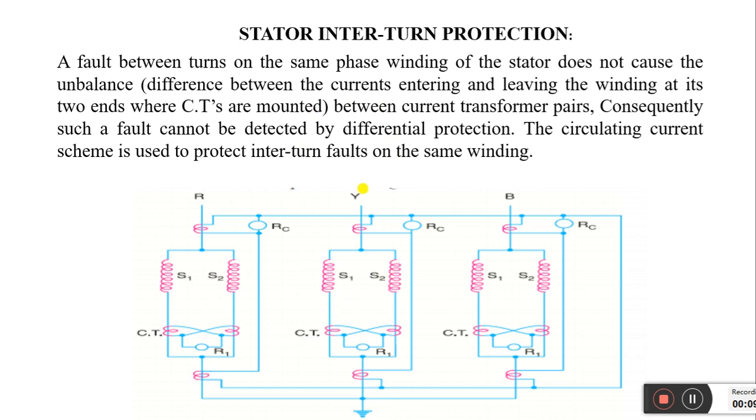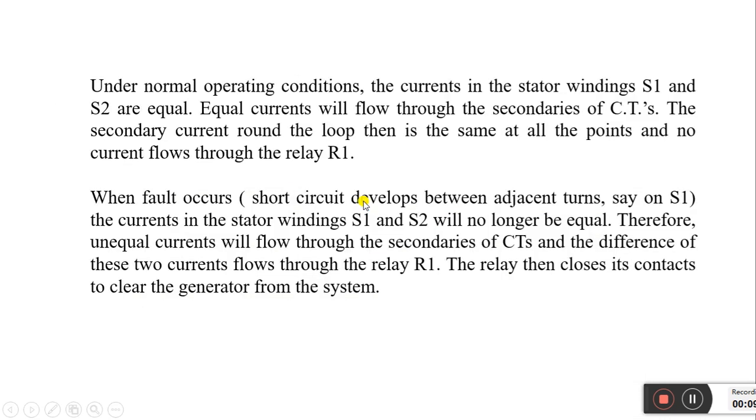Now let us see in the next slide what I have discussed today in this circuit diagram. The same thing has been written here, that is, under normal operating condition, the currents in the stator winding S1 and S2 are equal, and equal currents will flow through the secondaries of the CTs.